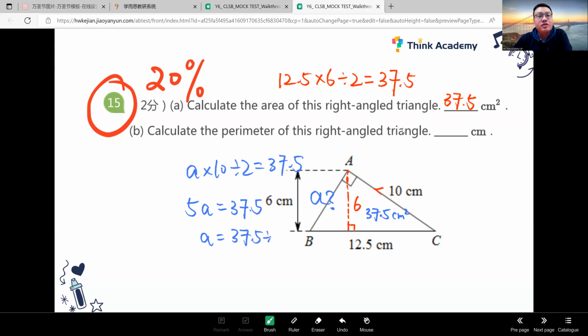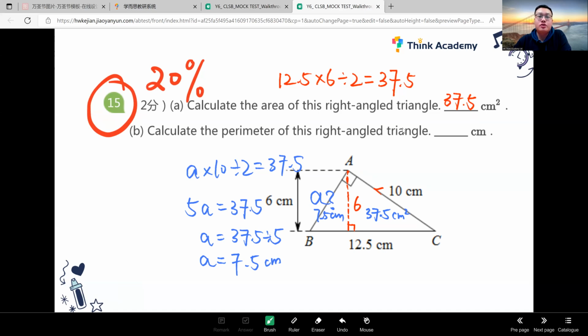Then what is A, guys? 37.5 divided by 5. What'd you get? A equals to what number? 7.5. That's right. 7.5 centimeters. And now we're ready to get the perimeter, because A is 7.5 and BC is 12.5. AC is 10.